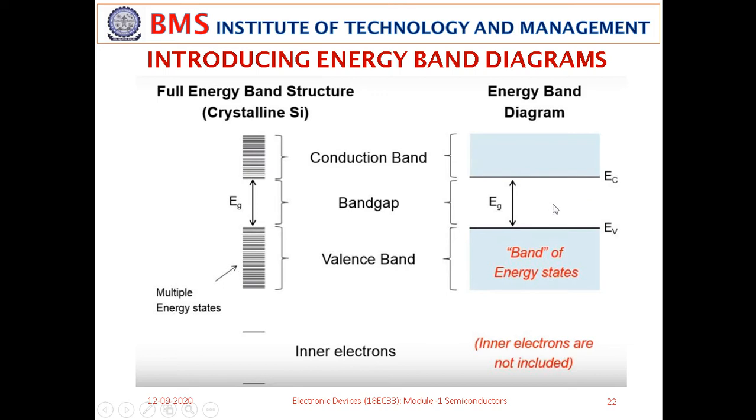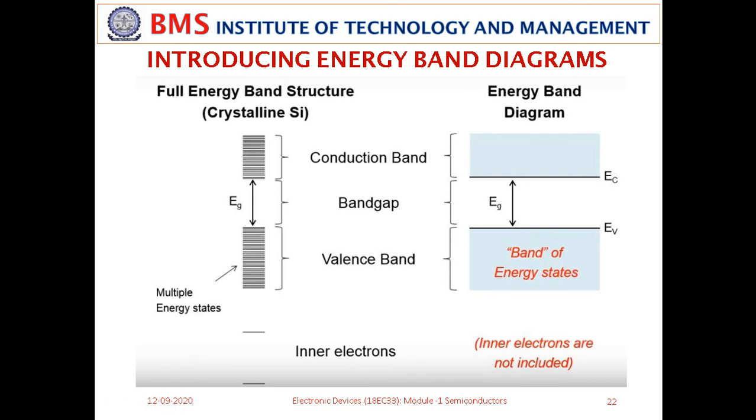Students, I strongly insist you understand this here itself, because the real application of this energy band diagram you will see in a PN junction and even in a transistor. You may think that these topics are not relevant, and it may not create a lot of interest in you, but I strongly suggest you go through more details, so that it helps you in understanding the PN junction and of course the bipolar junction transistor.